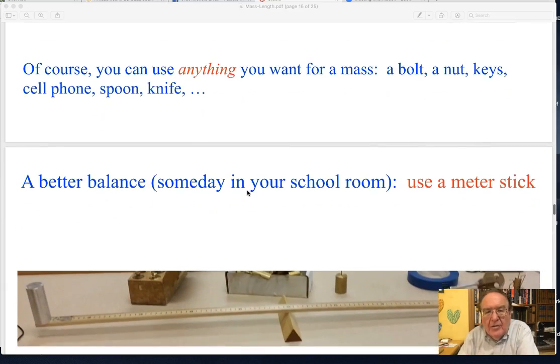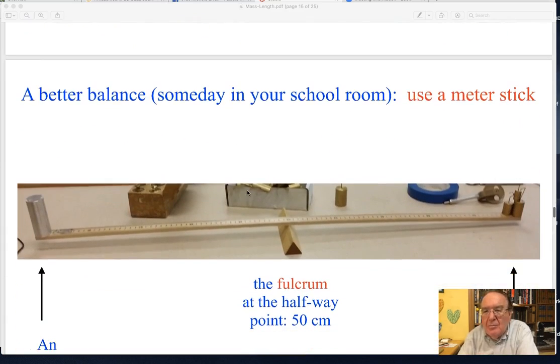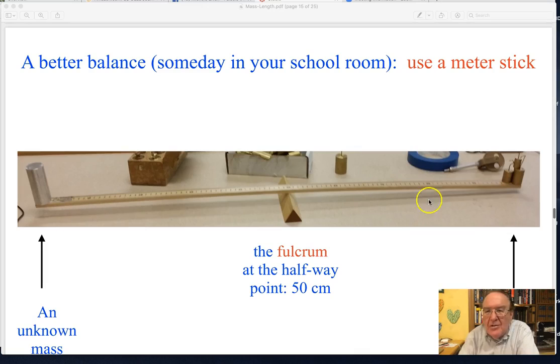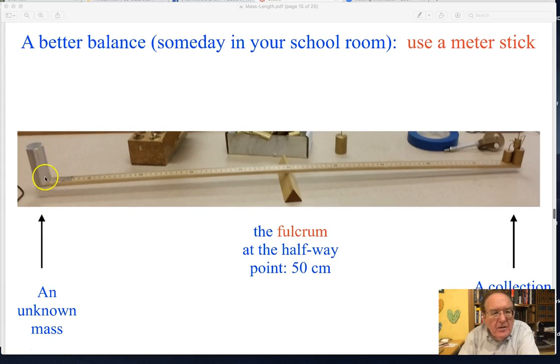Now, a better balance, someday in your schoolroom, for example, you just use a meter stick. Here's one long meter stick, and there's a fulcrum in the middle. You can see that's the balance point. You put the meter stick right at the 50 centimeter mark, and then you have some unknown mass on the left. That's some aluminum cylinder, actually, from our 102L supplies.